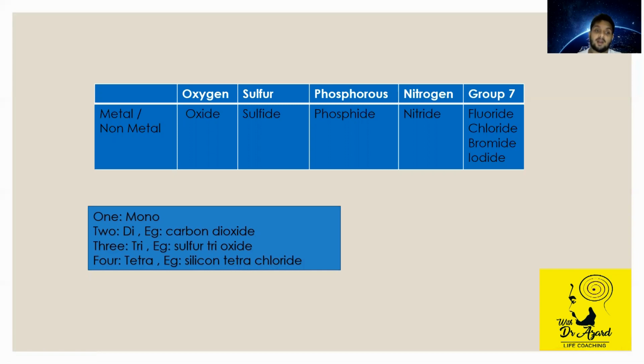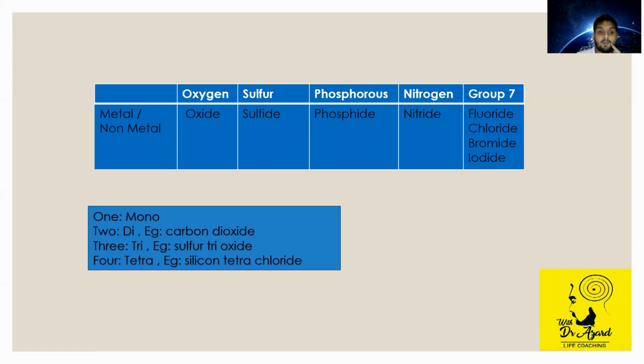Mono means one, but it is not very necessary when we write it. For example, when we are reacting magnesium with one oxygen, we can just say magnesium oxide. We don't need to say magnesium monoxide, but if you even write it, it's not wrong.